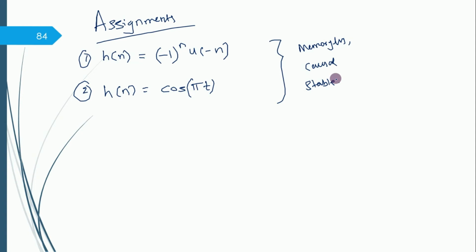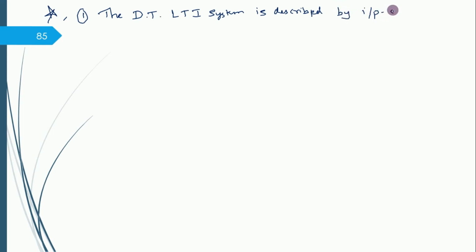Now we will take the last property, that is invertibility. So this is an important one. The question goes like this: the discrete time LTI system, I repeat, the discrete time LTI system is described by the input output relation y of n is equal to x of n plus a into x of n minus 1.